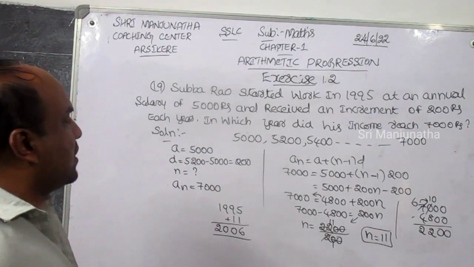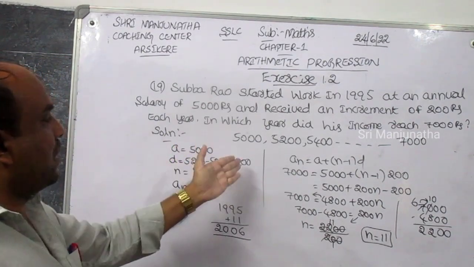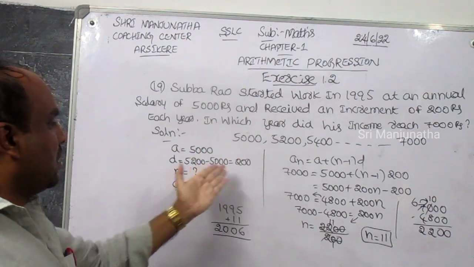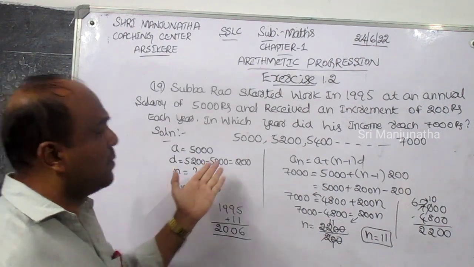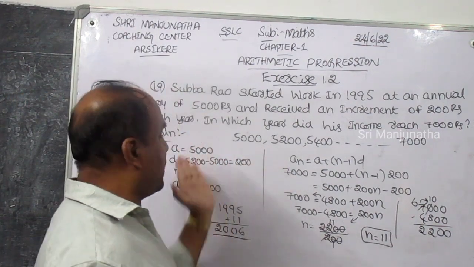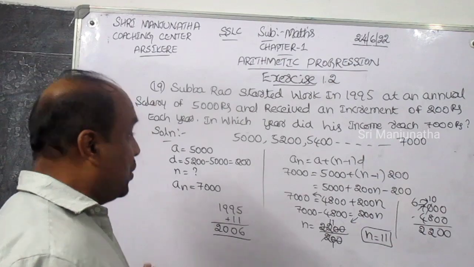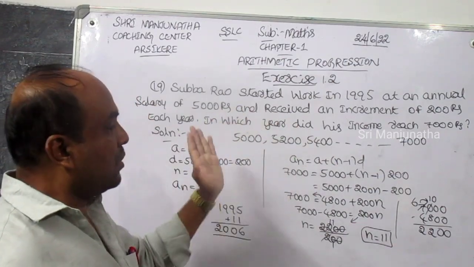Okay, I have to calculate once again. D value, A2 minus A1, means 200. N is equal to question mark. AN is equal to 7,000. Apply the given data to the formula.